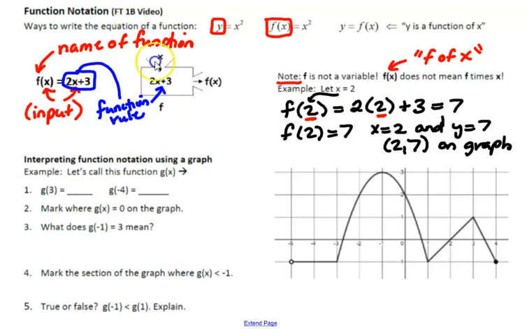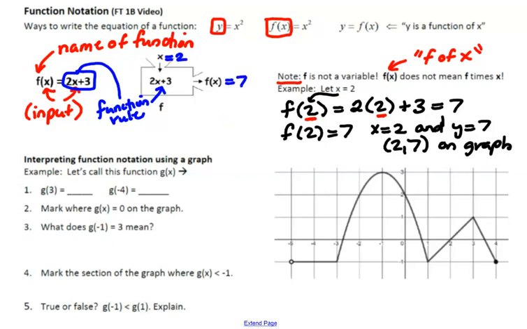We see our input. So let's say we put x equals 2 into the box. Think of this as like a little machine. It takes whatever we drop into this box, multiplies it by 2 and adds 3, and then it spits out the output, which in this case would be 7.